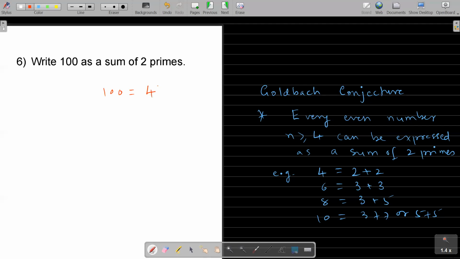And there is no unique answer, so tell all possible answers. 97 plus 3, very good. 89 plus 11, correct. 83 plus 17, yeah, that is correct. 29 plus 71, that is correct.